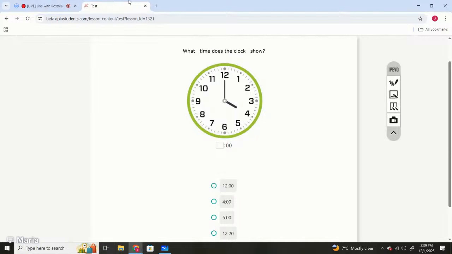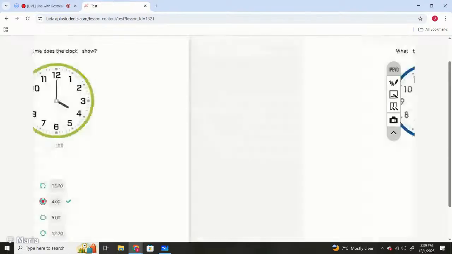What time does the clock show? That is 4 o'clock. Option number 2 is the correct option.